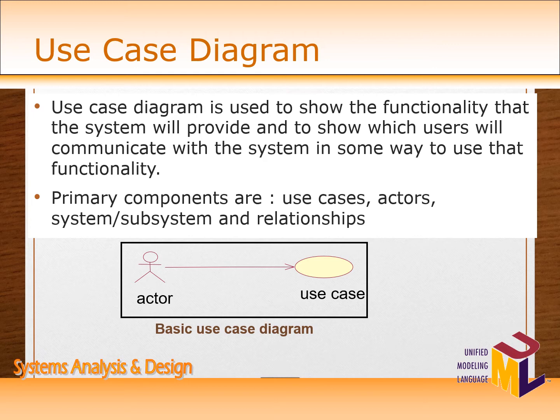It's used to show the functionality that the system will provide and to show which user, or in our case, the actor, will communicate with the system in some way to use that functionality. So in here, it's basically showing what are the functions and who are the users.